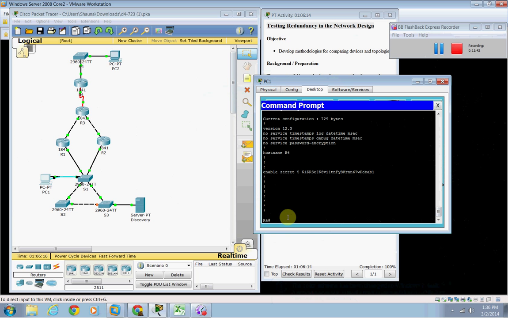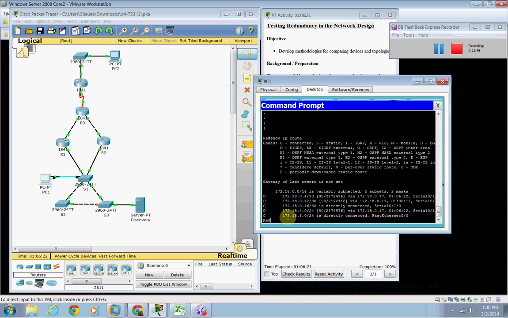Okay, that kind of gives us the same thing. Show IP route. Shows we have 3 EIGRP routes, those 2 and this one, and 2 directly connected ones, that one and this one. Okay.